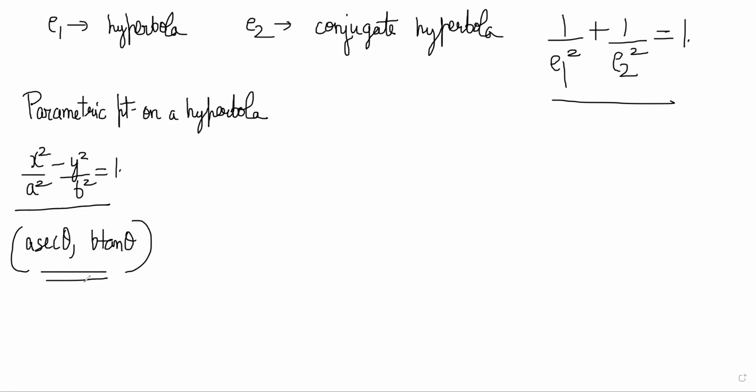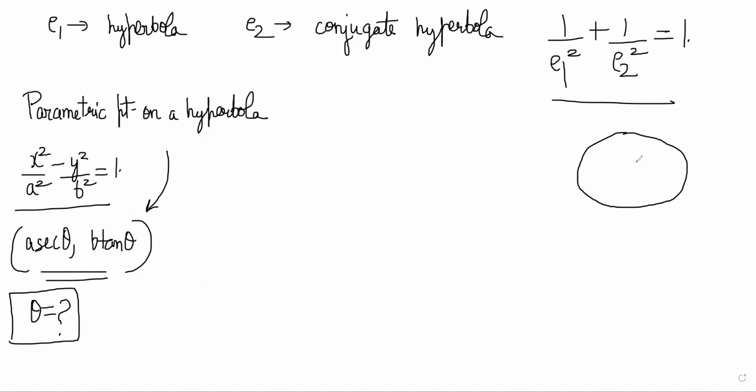So this is your parametric point on a hyperbola, but it is not enough to just know that this is the parametric point. We should understand what theta really is, right? Because if you remember, in an ellipse, a cos theta, b sin theta was the parametric point, but theta was not this angle, right? Theta was this angle, correct?